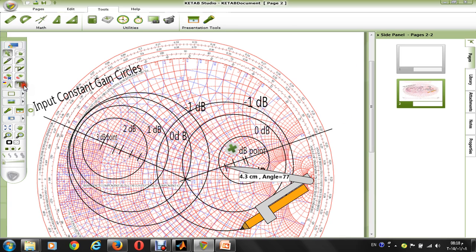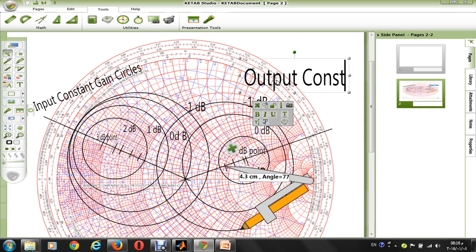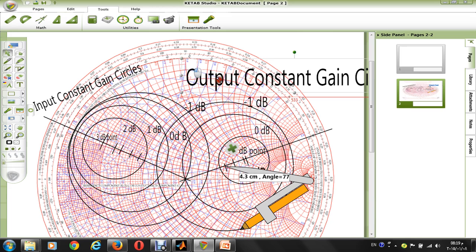Okay. Another block to write in. I will write output constant gain circles.